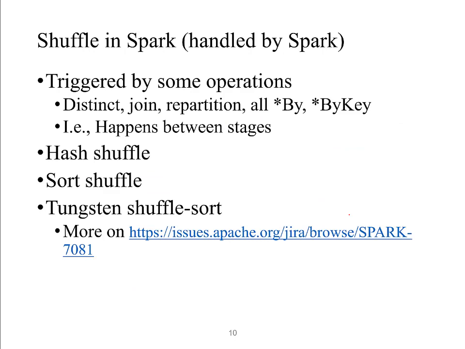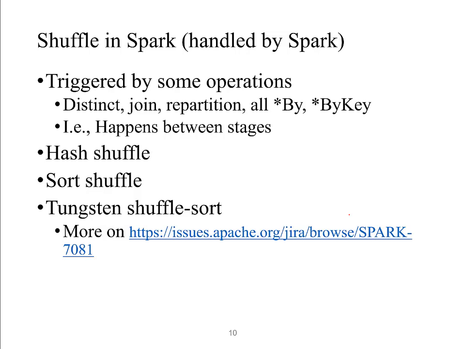And now let's look at MapReduce in Spark. So we start from Shuffle again. Shuffle in Spark, which is handled by Spark, has quite a lot of differences from Shuffle in Hadoop. For example, the shuffle in Spark is triggered by some operations, not as in Hadoop, where shuffle is triggered by the reducer, right? When you are going to transfer the data from mapper to reducer, you need to do the shuffle.